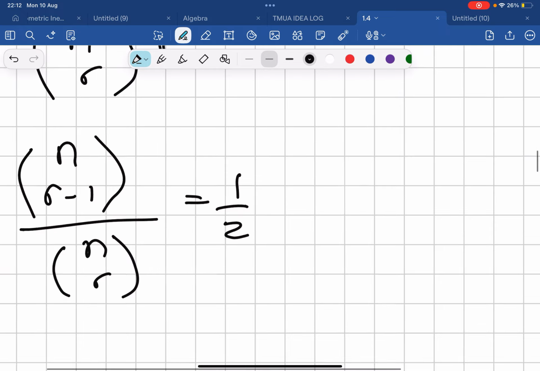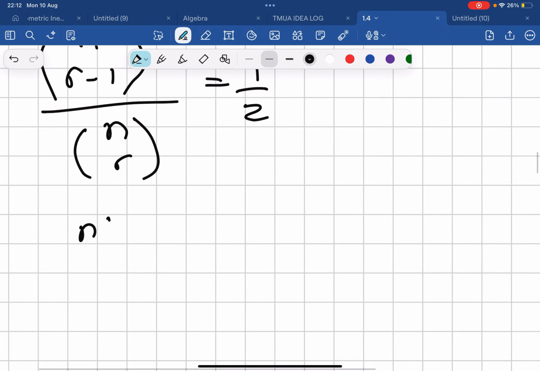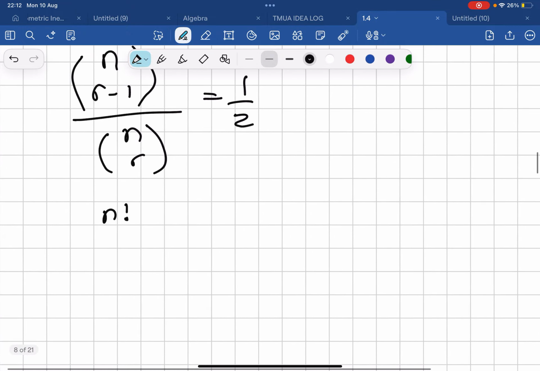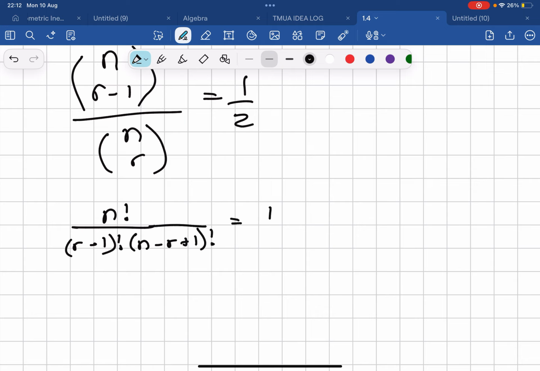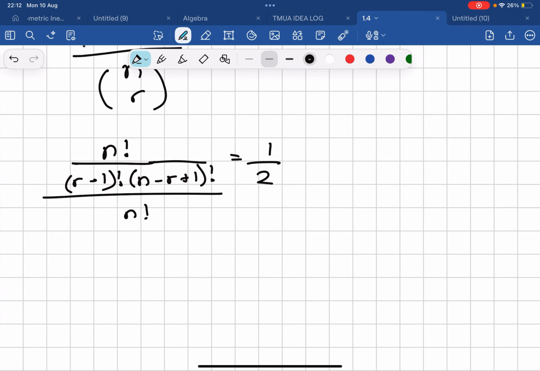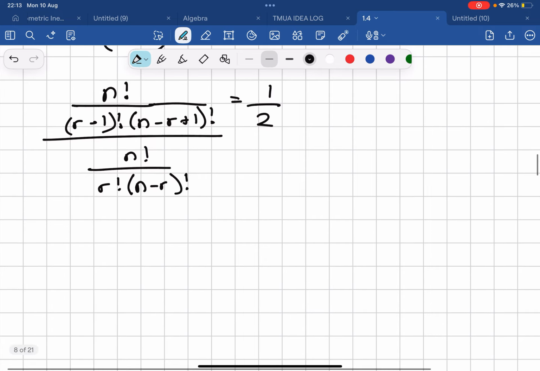We then use the combination formula. We have n factorial over (r minus 1) factorial times (n minus r plus 1) factorial, equals 1 over 2, all over n factorial over r factorial times (n minus r) factorial.